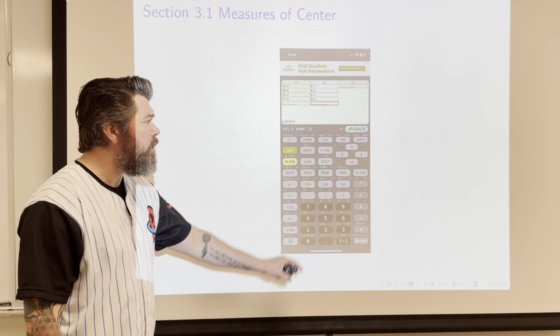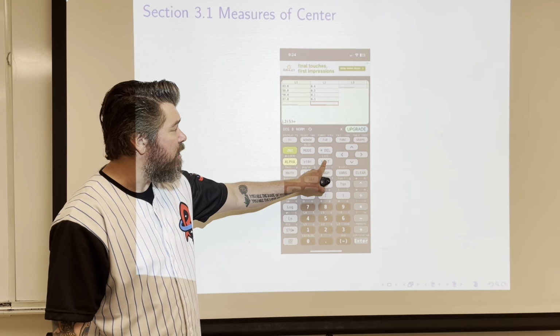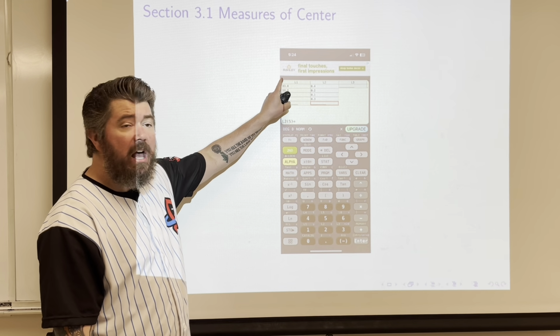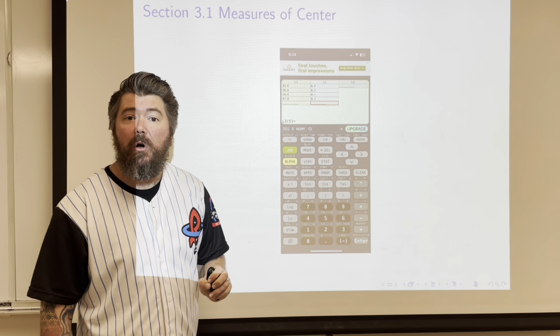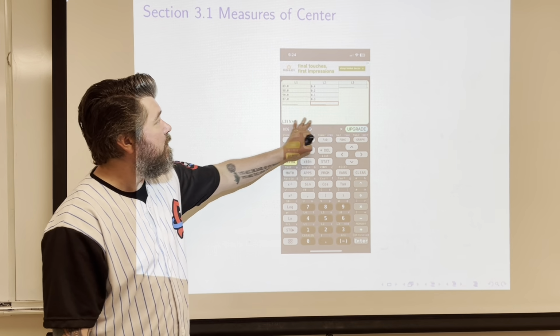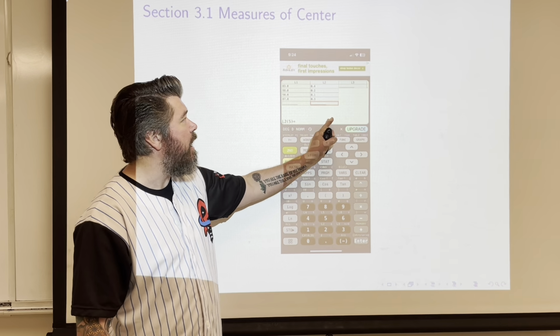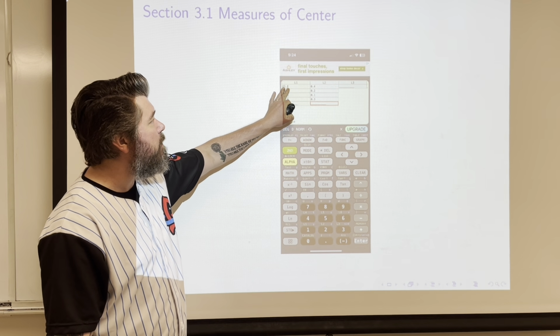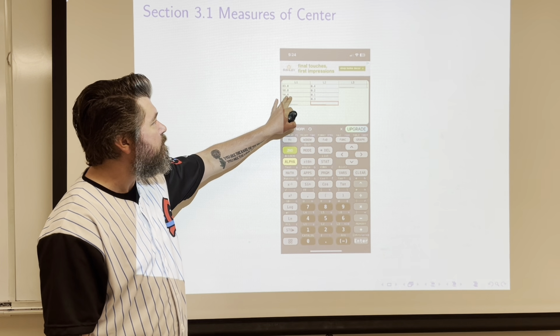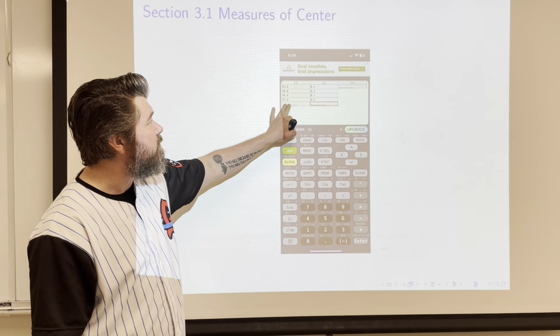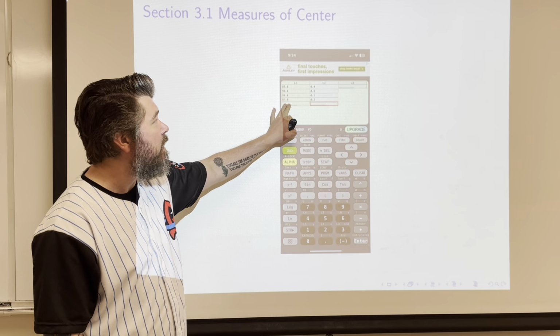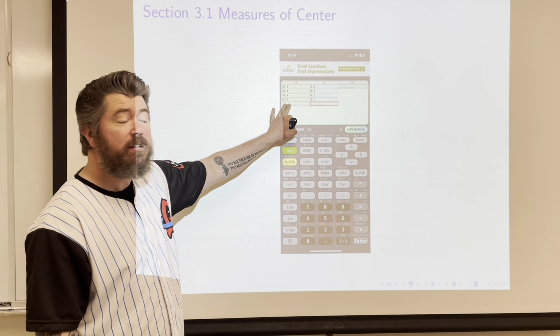Okay, so again, we want to click our stat, highlight edit and click edit. This will get you to our list of tables here, our L1 and L2. I'm going to put my data values, 83, 98, and so forth. These are Walter's grades in my L1, and I'm going to put the respective weights.